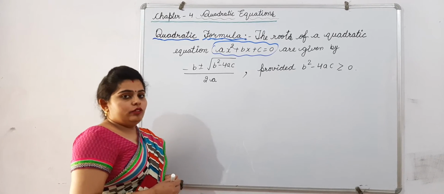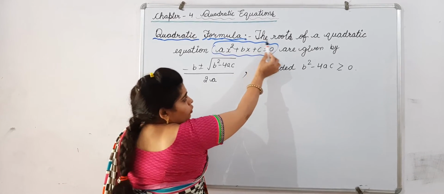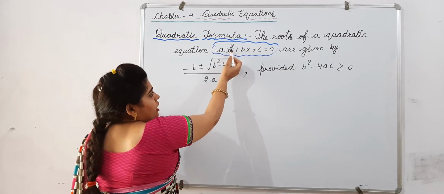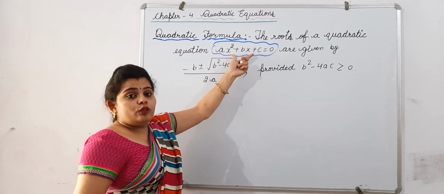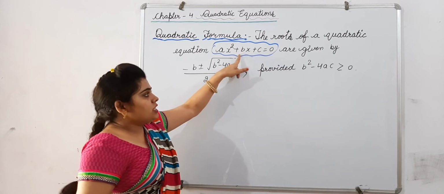Now, the quadratic formula. Suppose we have an equation and we have to find its roots: ax square plus bx plus c is equal to 0, which is the standard form of a quadratic equation.